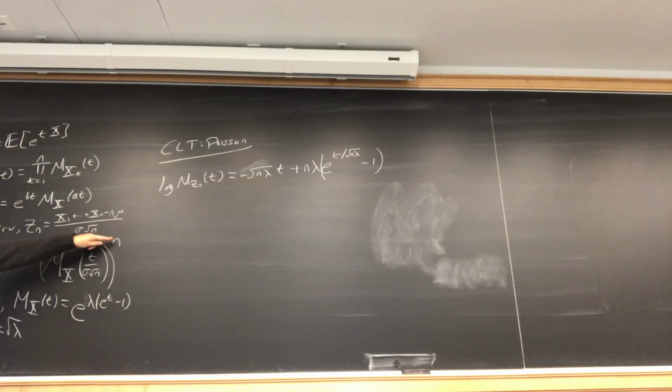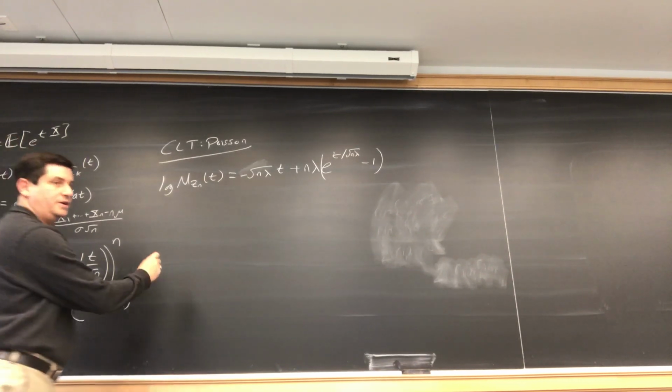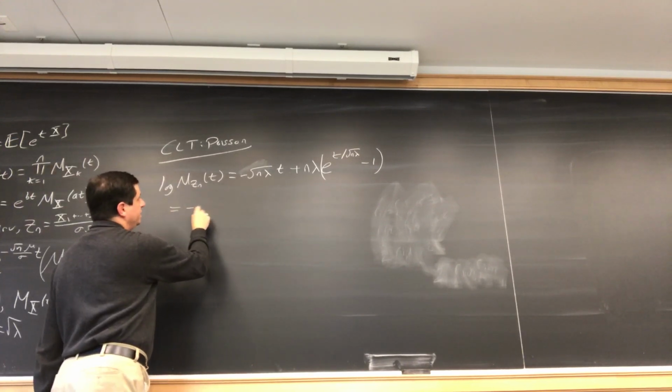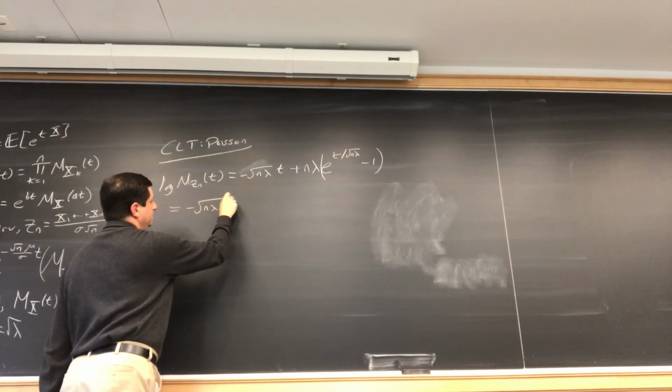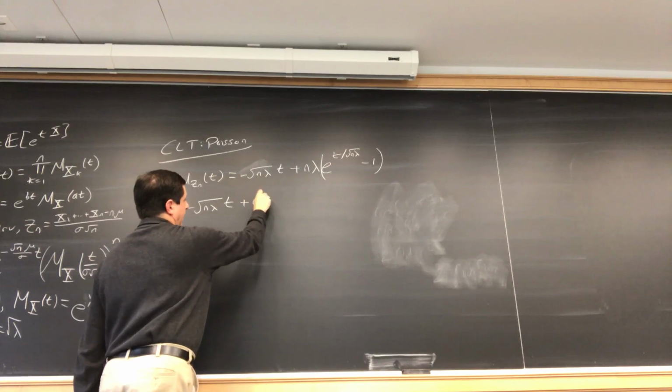The log of this to the nth power is n times the log of this. The log of this is going to just be lambda e to the t minus 1. But we are evaluating it not at t, but at t over sigma root n. Right, hopefully I have not made a mistake. We get negative square root of n lambda t plus n lambda.